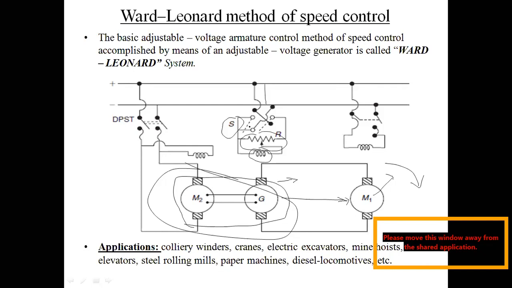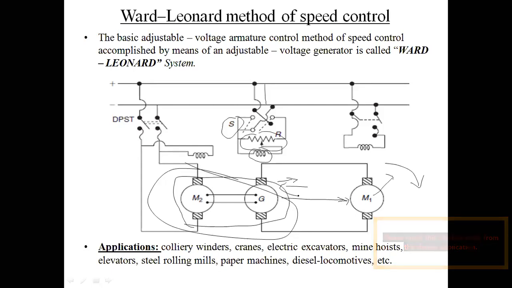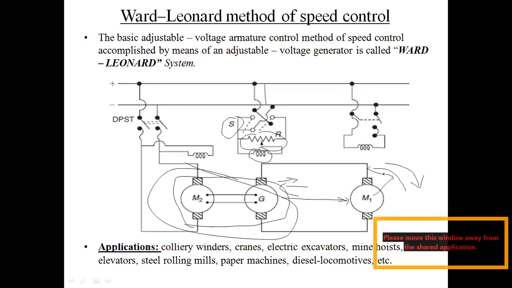If we reverse the switch of the generator field, it produces varying voltage in the reverse direction, and the main motor rotates in the reverse direction. That's why we have speed control in both directions. By this system, we control the speed of the main motor.